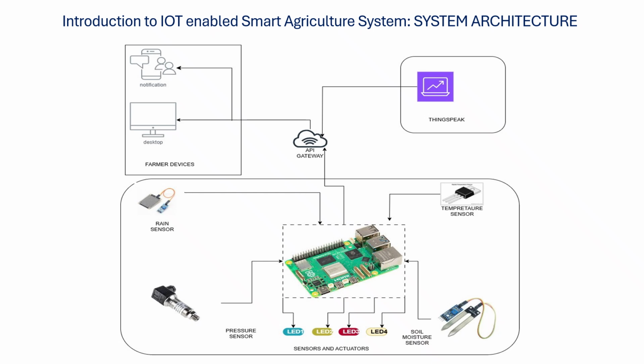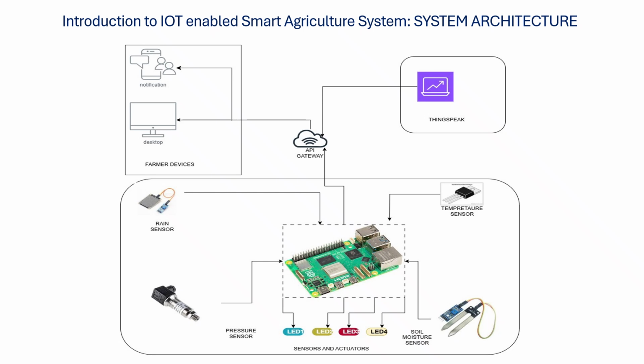So, this one is the system architecture of IoT enabled smart agriculture system. Here we have farmer devices at the top, API gateway in between, ThingSpeak platform at the right side, some actuators and sensors which are connected to each other and perform different functions to send real-time data to the device.